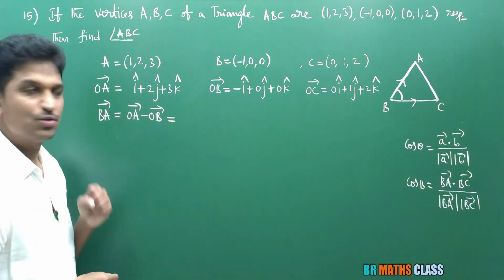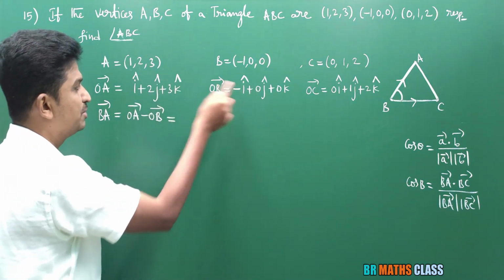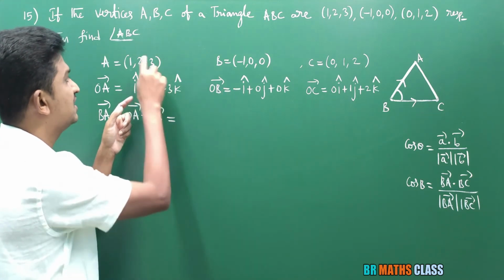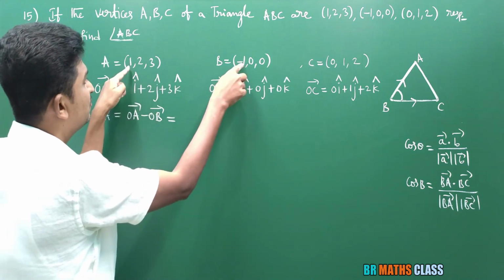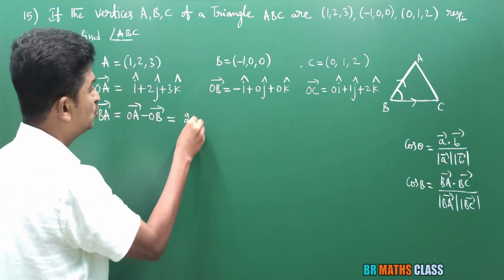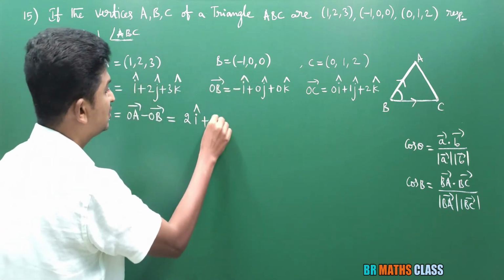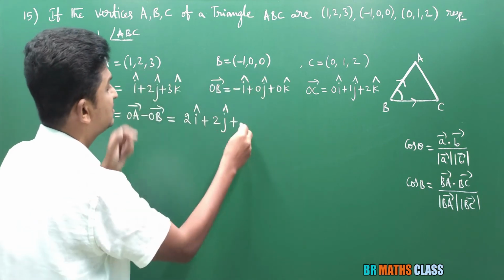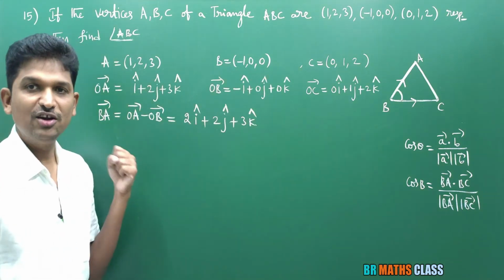Subtract, using the scalar components. 1 minus of minus 1 is 2, so 2 i cap plus 2 minus 0, that is 2 j cap, plus 3 minus 0, that is 3 k cap. I got BA bar.